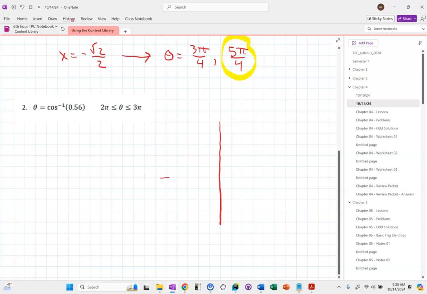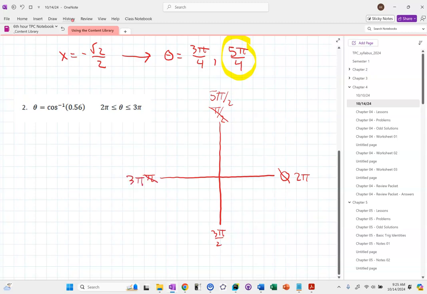That's the way we always start one of these. I notice that my answer needs to be between 2 pi and 3 pi, which tells me my answer is positive. So when I start counting on my XY axis, I'm going to be going counterclockwise because I'll have a positive angle. I'm just going to count each quadrant by pi over 2. So 0, pi over 2, pi, 3 pi over 2, up to 2 pi, and then 5 pi over 2, and then to 3 pi.